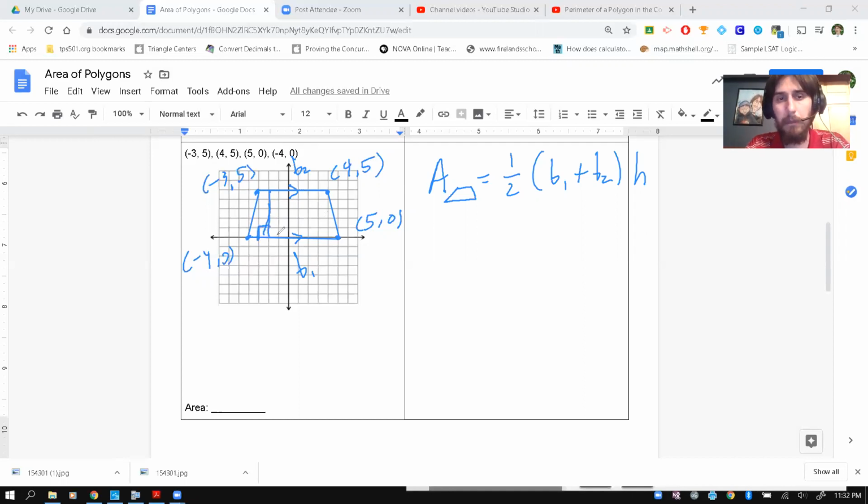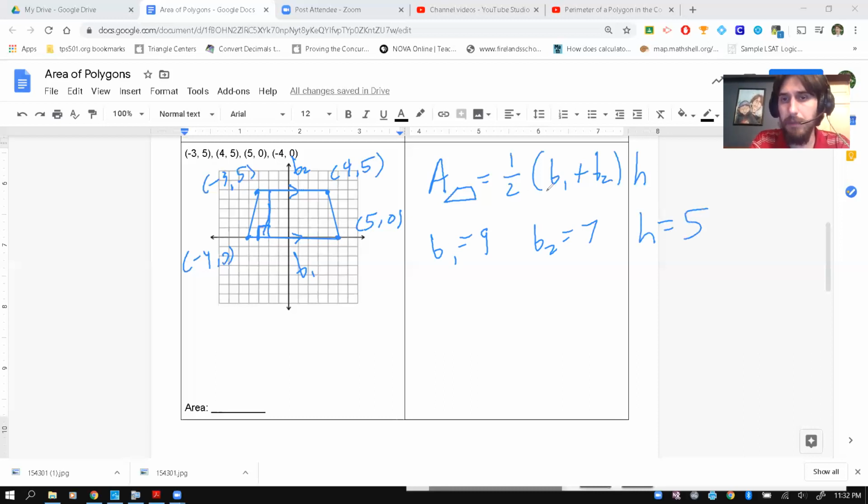So how far apart your two parallel sides are. So for our trapezoid, this bottom length from negative 4 to 5 would be 9. The top length here from -3 to 4 would be 7. And then the distance between my two parallel sides from 0 to 5 would be 5.